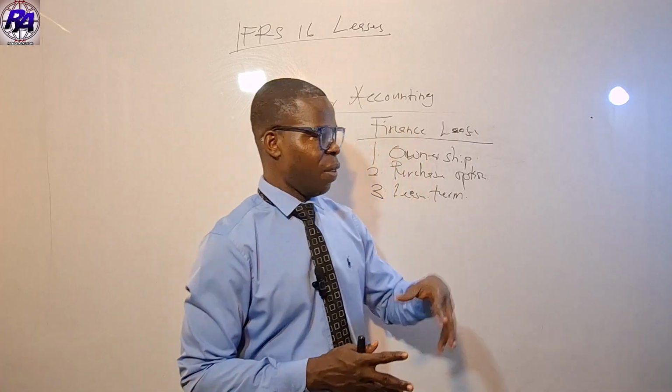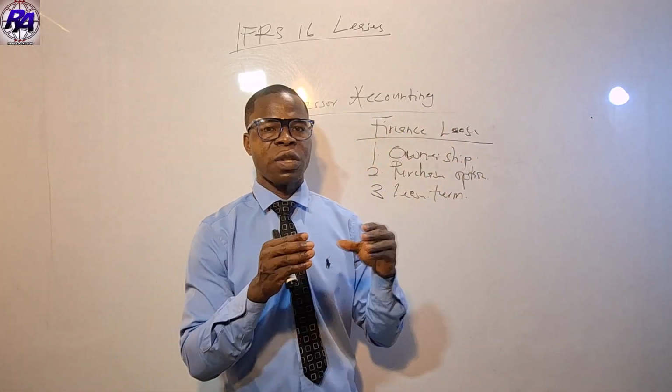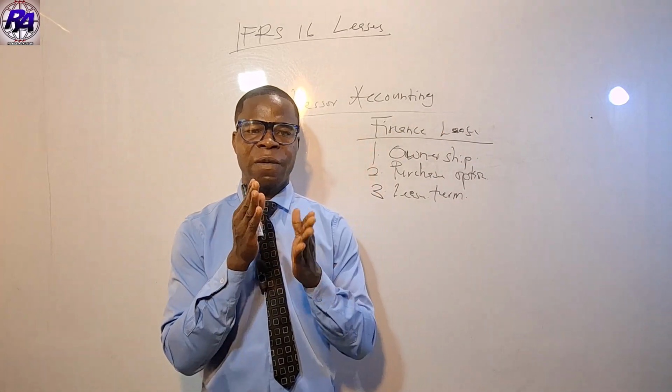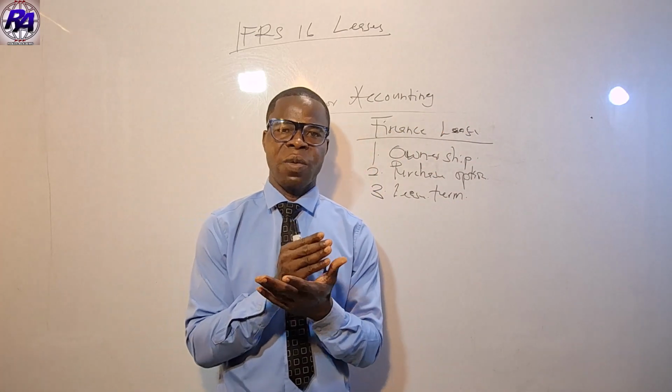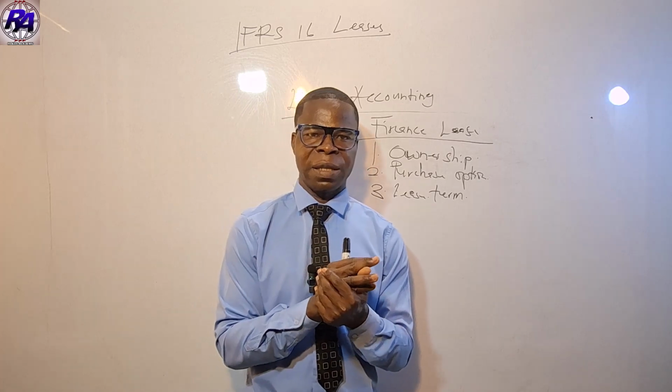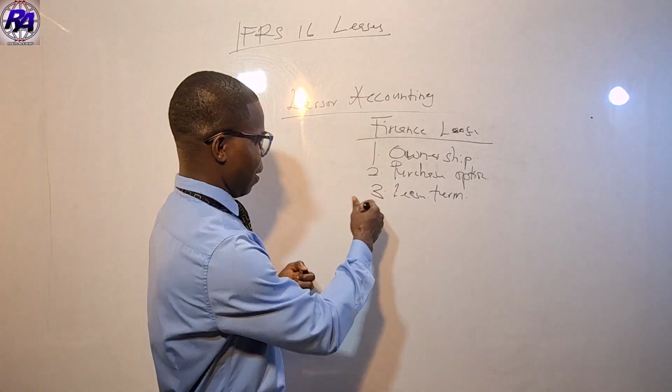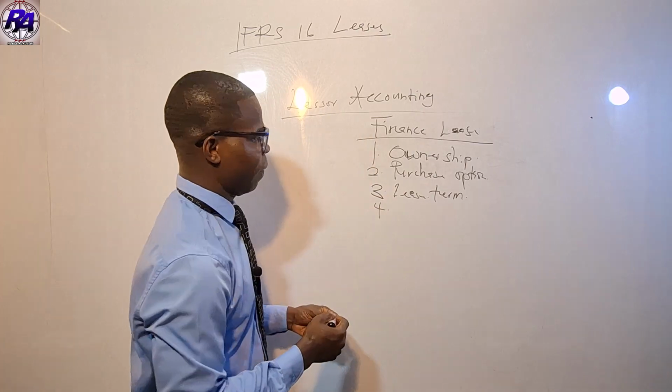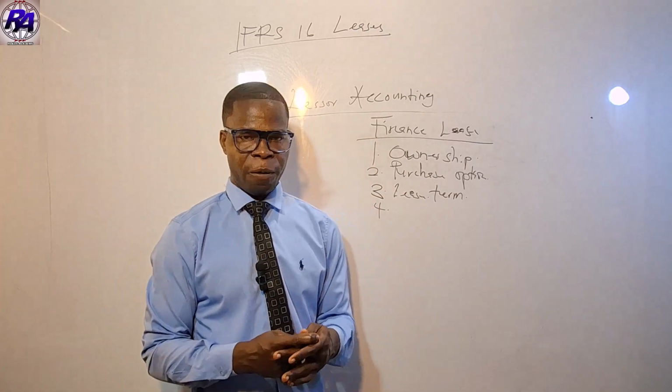Once again, the items we are looking at are not mutually exclusive. Even if one of them is present, we are saying that it is a finance lease. Number 4, that is the feature or the event number 4.